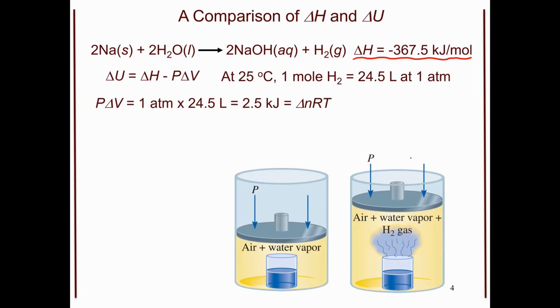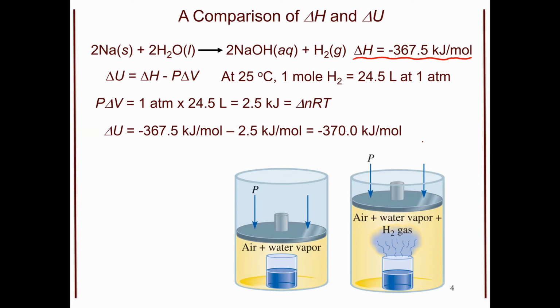So what we are going to do is convert our P delta V using what is known as the ideal gas law, which you will see in the next chapter. Our P delta V will now become equal to delta nRT. So what does that mean for us?